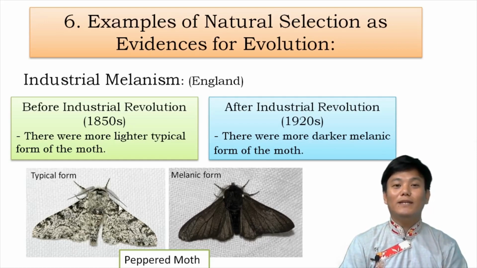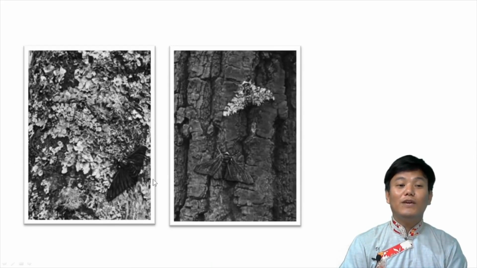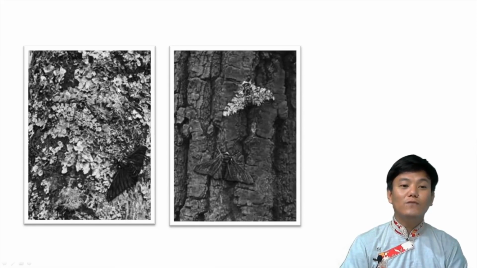Now why is that? The explanation they gave was that the tree trunks on which the moths lived before the Industrial Revolution were covered with lichens. In this particular case, the lighter moth were inconspicuous compared to the darker moth, right?